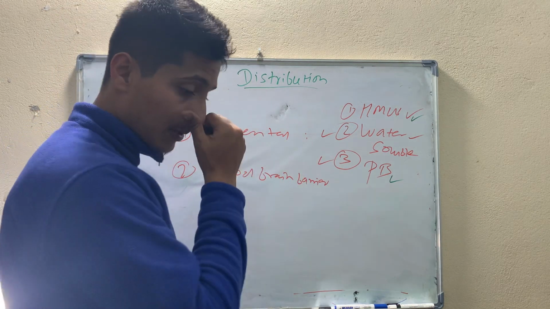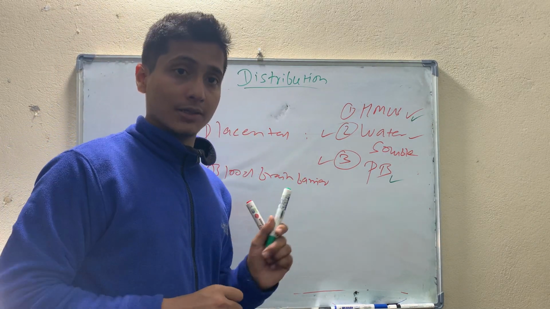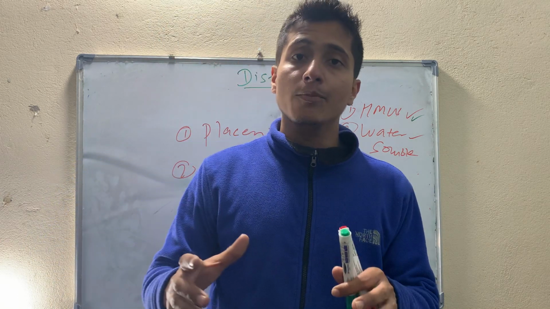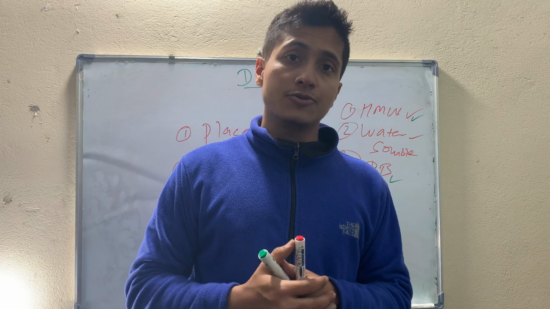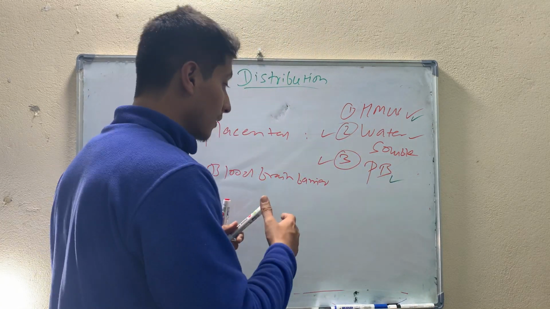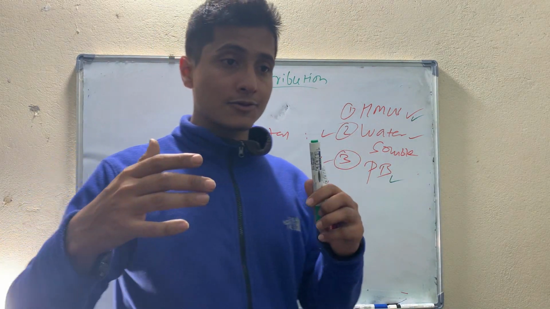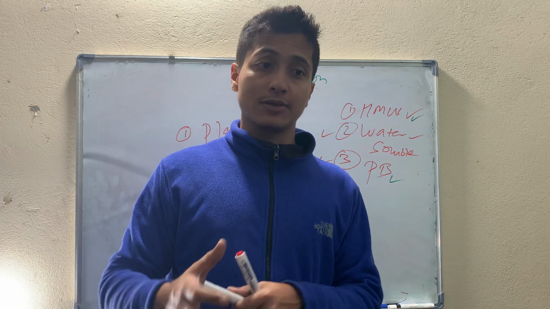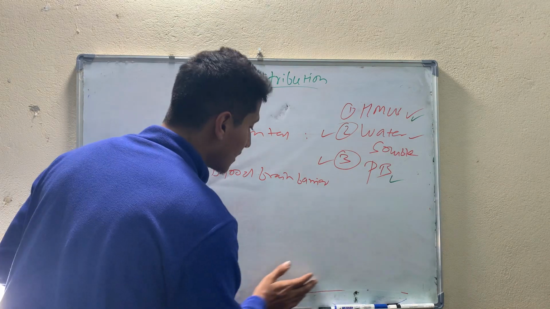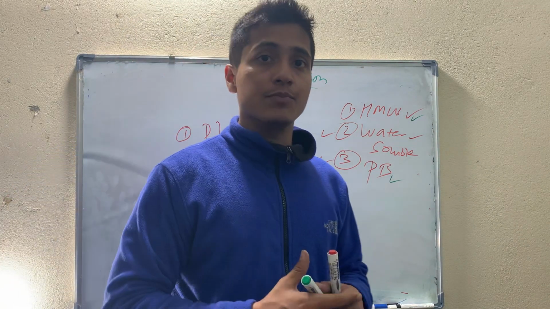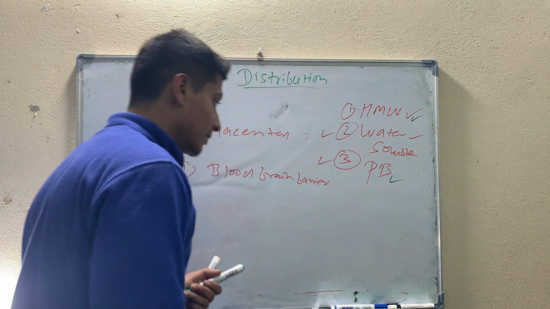Now, the blood-brain barrier. As I already told, the brain allows only the lipid-soluble drug to enter through it, or the drug can be transported by active transport or facilitated diffusion, and that kind of drug also can cross the blood-brain barrier, right?